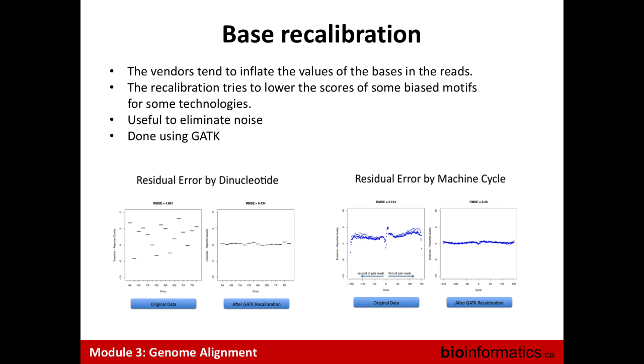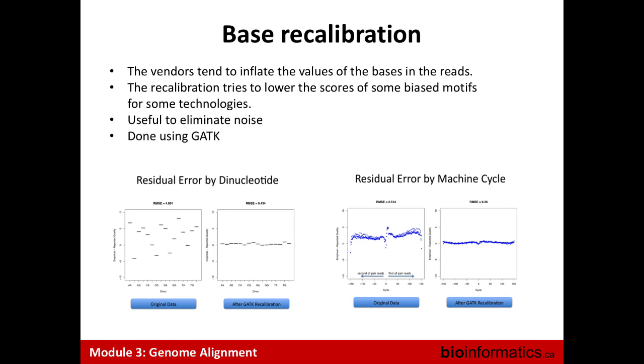Another type of refinement you can do is what we call the base recalibration. The vendor of the machine can inflate the value of the base quality they generate, and these base qualities are usually influenced by the position on the reads, as we see the base quality drop at the end, but also by the genomic context.